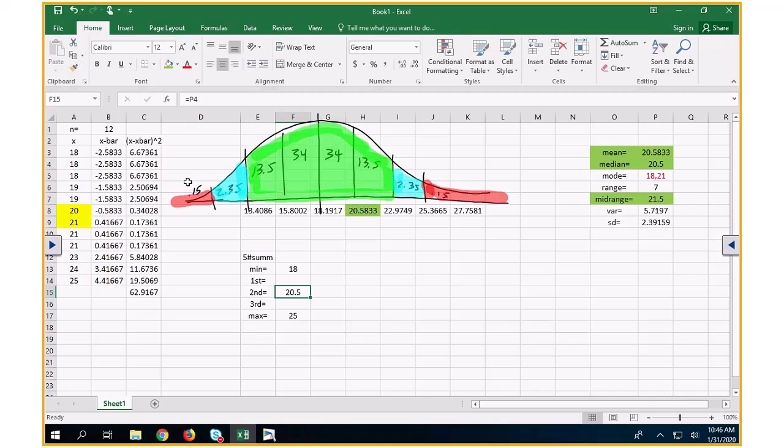Aren't y'all impressed? Did I have to do any calculating? No. What is my second quartile? My second quartile is also called the 50th what? Percentile, and it's also called the median.